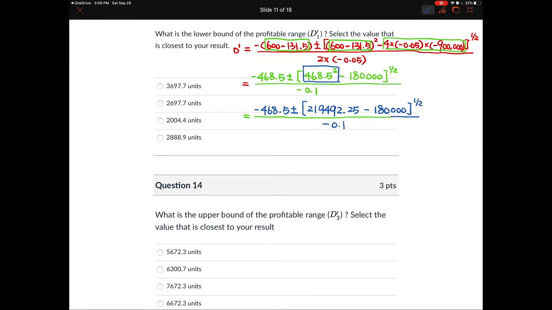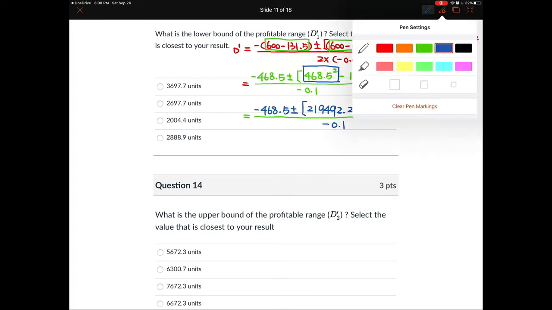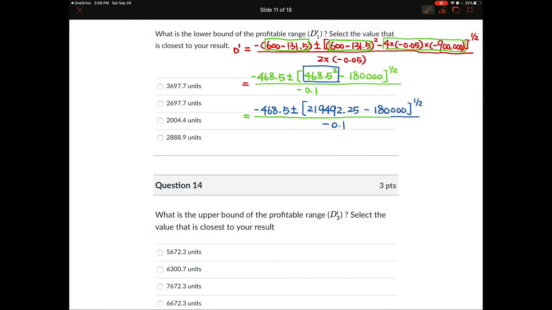Over negative 0.1. And then you want to calculate this. So still you have this bar, negative 468.5 plus minus. What's that in the bracket?